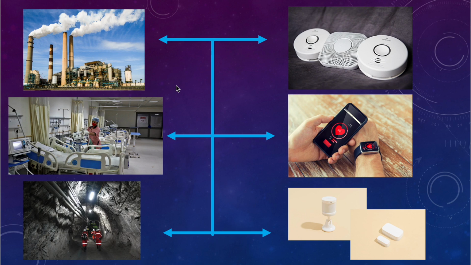Even coal power plants, the heat, the smoke, cement manufacturing plants, again the heavy machinery, the heat and chemicals that are involved, and so on and so forth. Fertilizer plant, especially the chemicals that are involved. So the health of the humans who are working there needs to be monitored at all times.